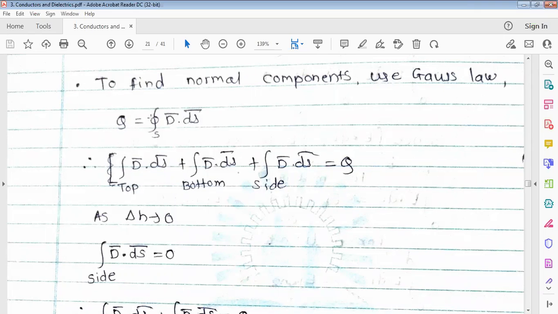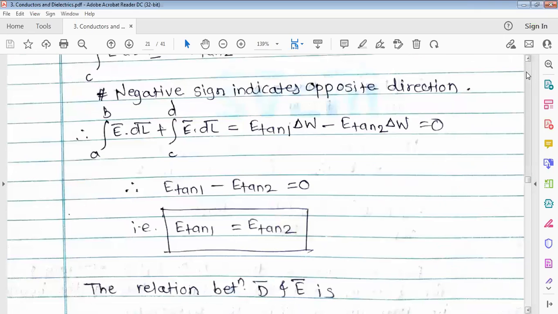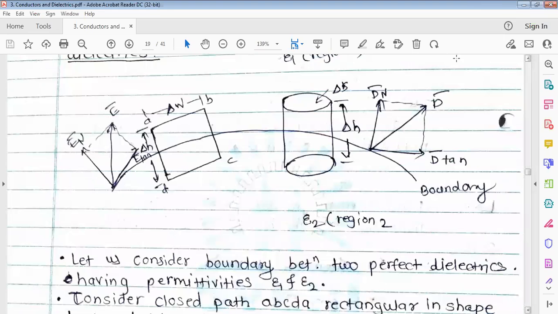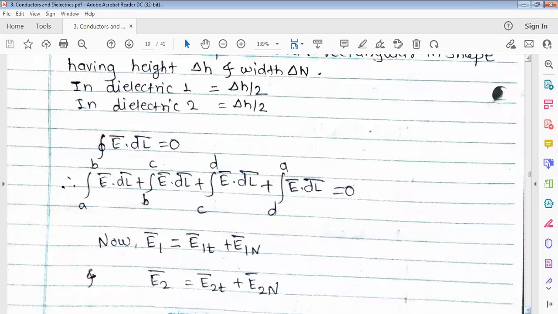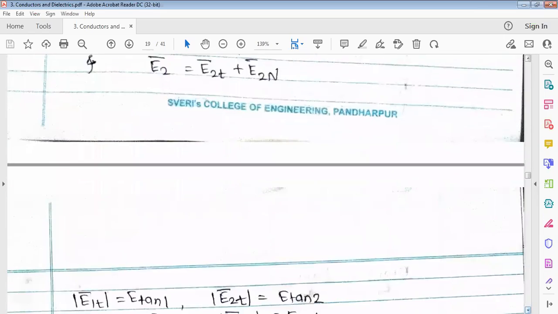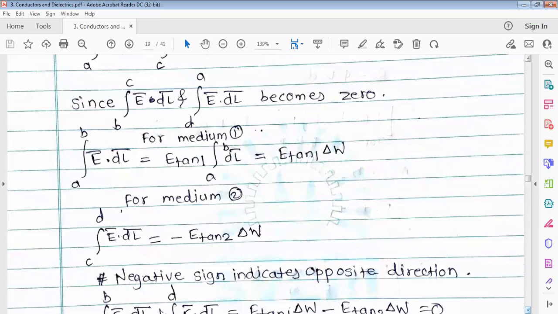Now, this is the closed surface integral, and our surface is nothing but one cylinder, right? It has a closed surface consisting of the top surface, bottom surface, and the side. So while finding the charge, we have to consider all the three sides.